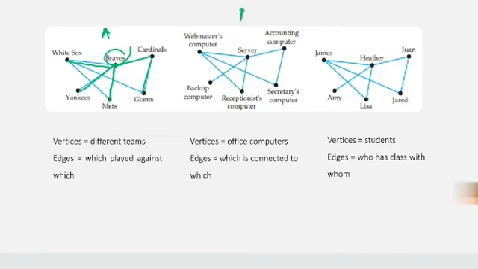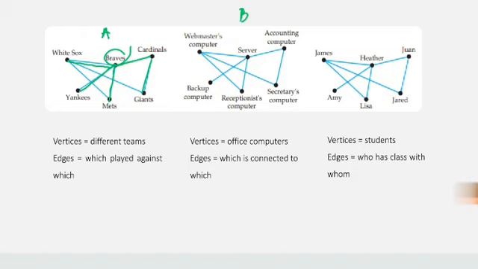On letter B, ginamit naman to para ipakita yung mga computers na nasa isang office, maybe a department rather, and to show which computers are connected with each other. So you can see that the secretary is not connected to the server.